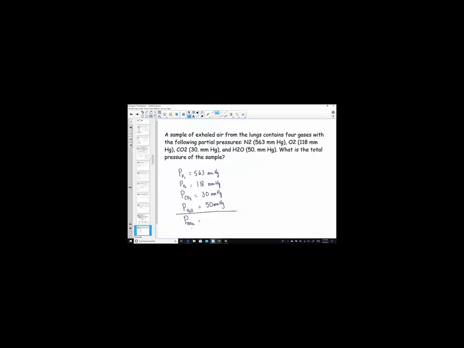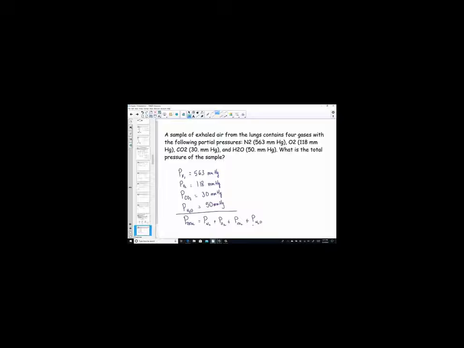I know. I wish we had a whole test of these, right? We know that the total pressure is equal to the sum of all of the individual contributions from those 4 gases. So I'm knowing that the sum of each pressure will give me the total pressure.